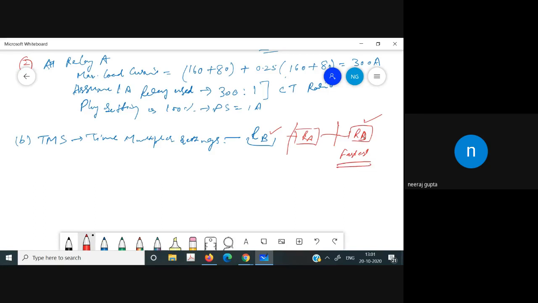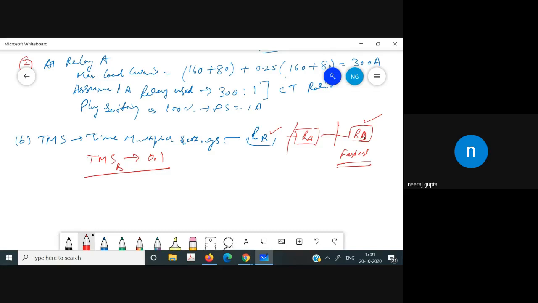So let us suppose that the TMS of relay B is taken as 0.1. The time multiplier setting is 0.1.